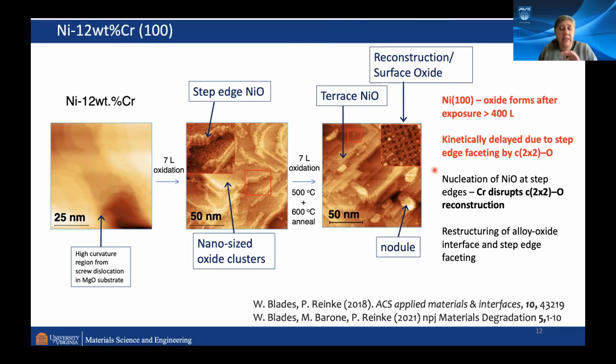Nickel 100 forms a surface reconstruction which has step edge faceting, where the adsorbed oxygen gets rid of kinks at the step edges. And that delays the nucleation. If you put in even traces of chromium, you retain the kinks at the step edges and you start nucleating nickel oxide.